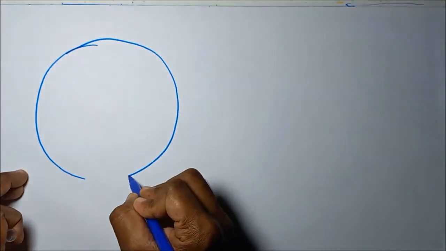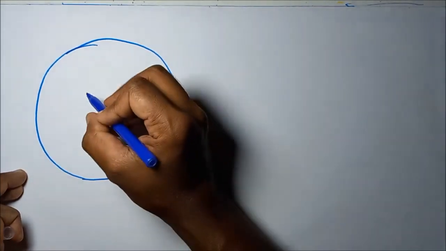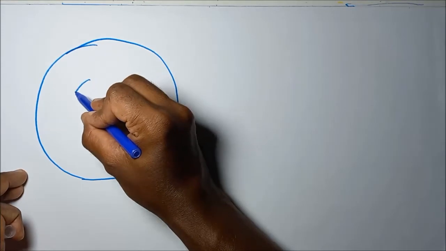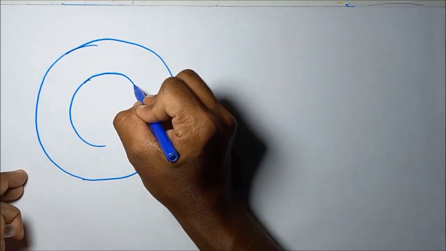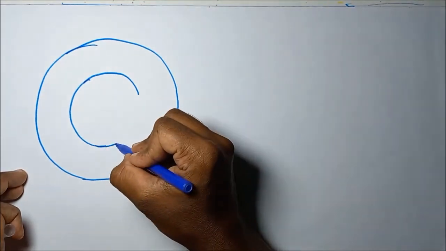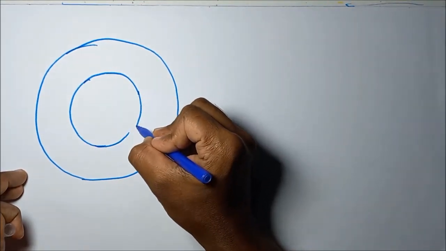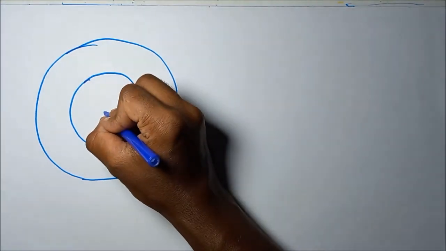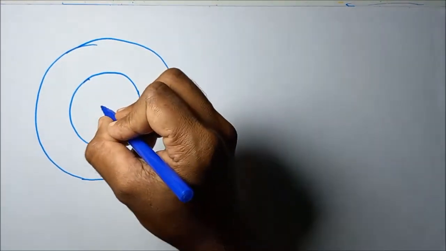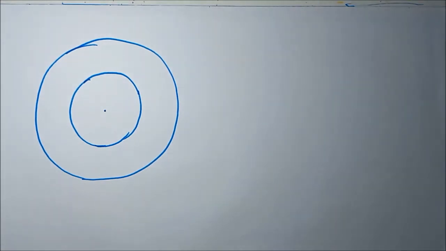So let's take, this is our thick cold cylinder outer, and this is our thick cold cylinder inner. Then let's take the stress element, the finite dimension stress element we are going to consider.